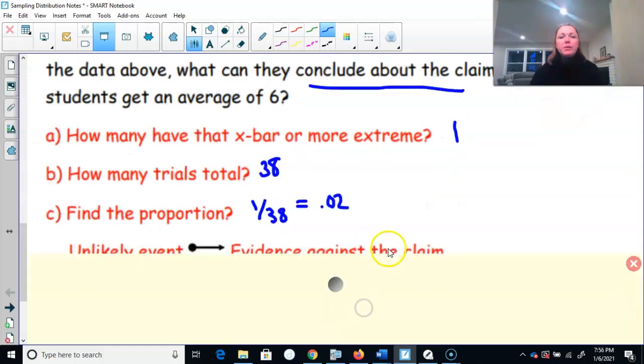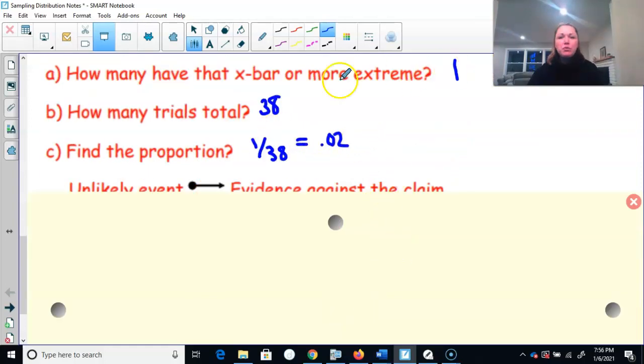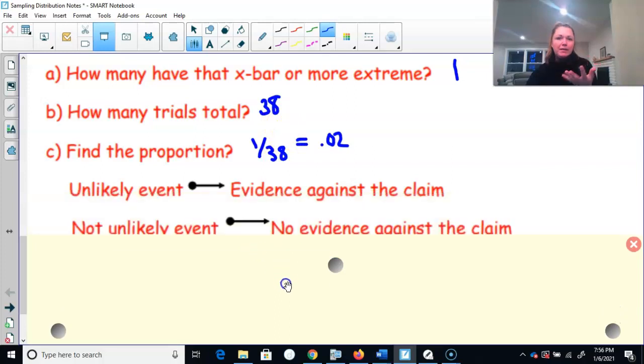Now we want to say, is this an unlikely event? This 1 out of 38, is that unlikely or not, based off of the simulation, based off the data that we have up here? If we have an unlikely event, we have evidence against the claim. We have evidence to refute it. If it's not unlikely, we don't. It is just natural variation, like that flipping of the coin. We've talked about an unlikely claim for class.